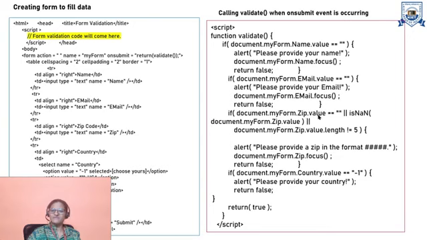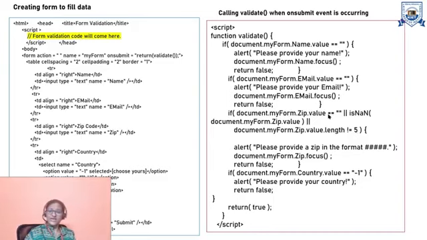So it is finding its value and checking whether it is blank. If it is not blank, it is checking whether it is not a number: document.myform.zip.value. Suppose you haven't left it blank, but you haven't provided a numerical value. So it is checking is not a number, or myform.zip.value.length not equal to 5.